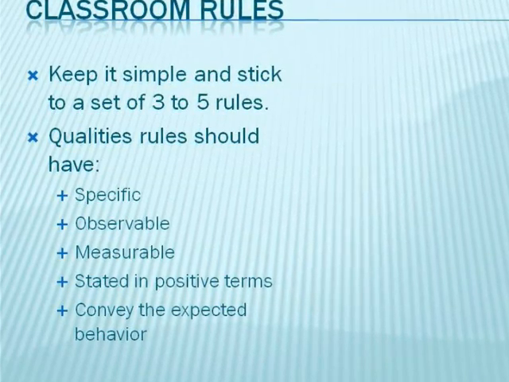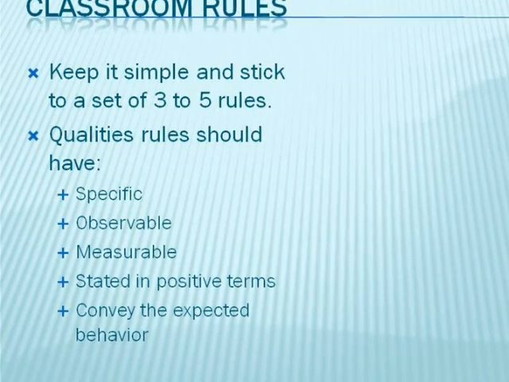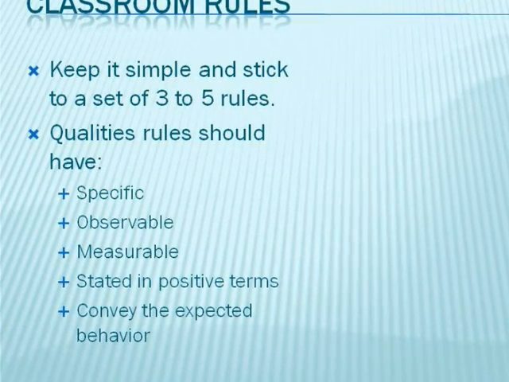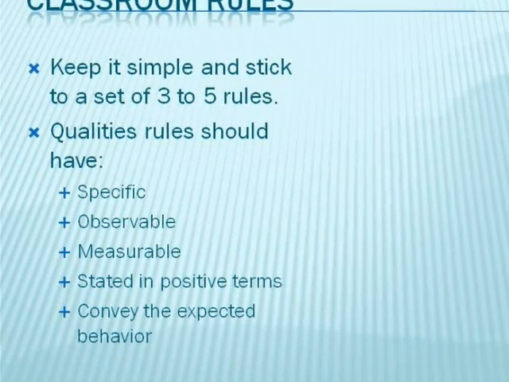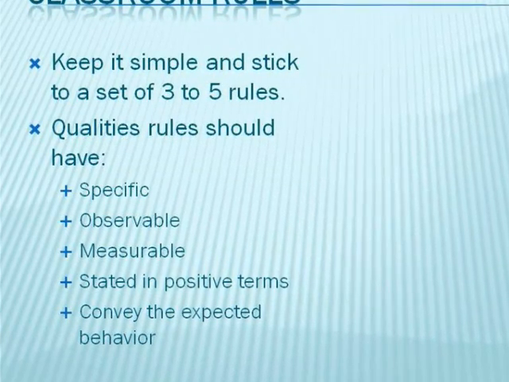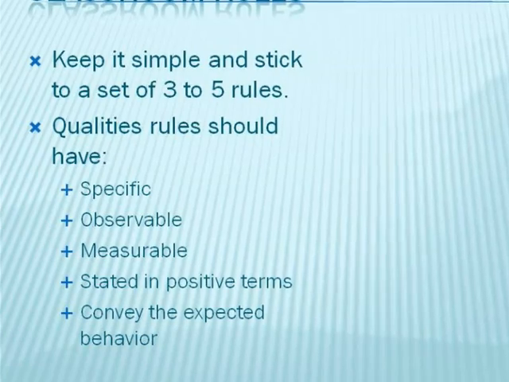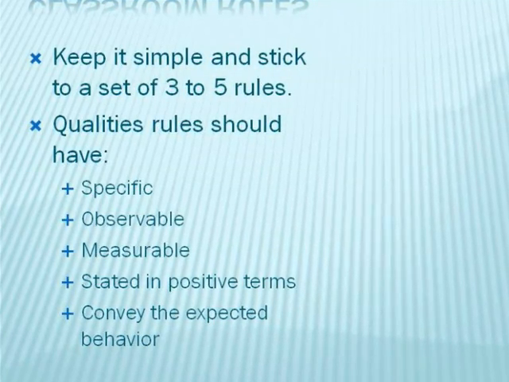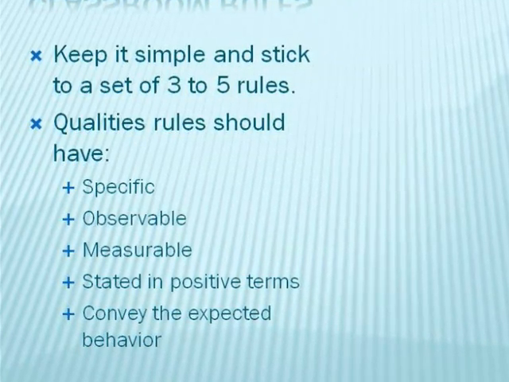Try to avoid rules like do not do this or do not do that. This makes sure that students view the rules in a positive light. Like, make sure you are in your seat unless the teacher says otherwise.